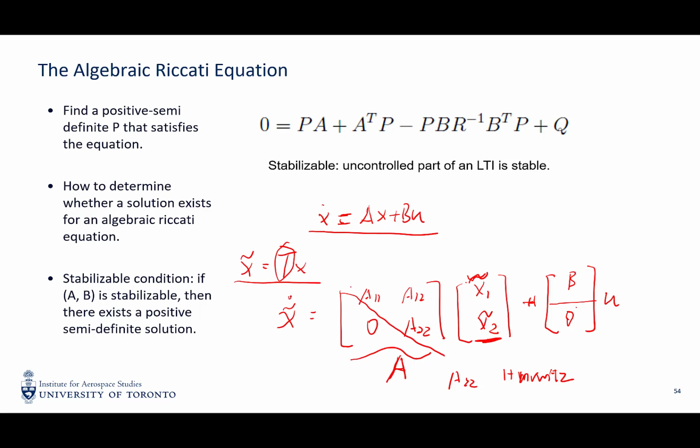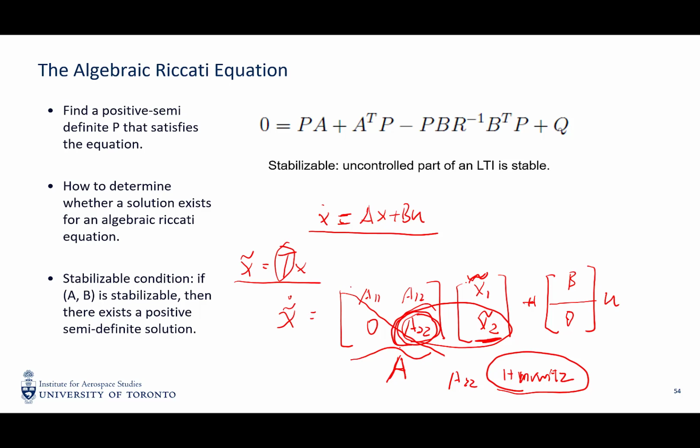If we have this alternative form, and if A22, the matrix at the bottom right corner, is Hurwitz, meaning it is stable, then the system is called stabilizable.